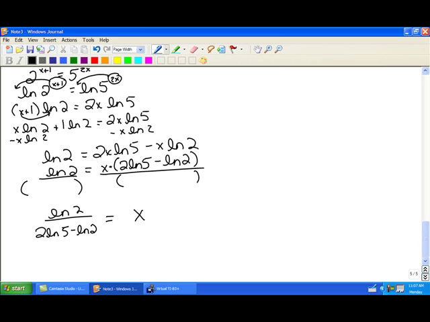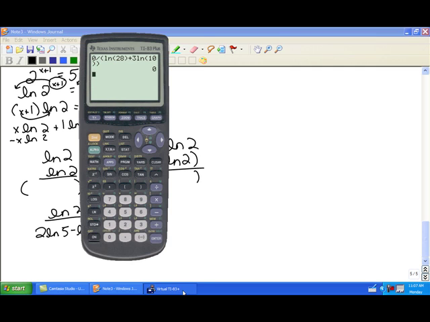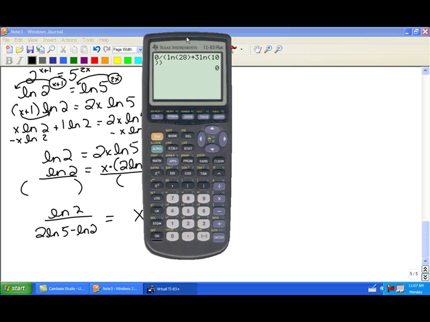Now this can get a little bit sticky in the calculator, so let's look at how to put that in the calculator. Let's move this over a little bit. You want to put the natural log of 2 and close the parentheses.